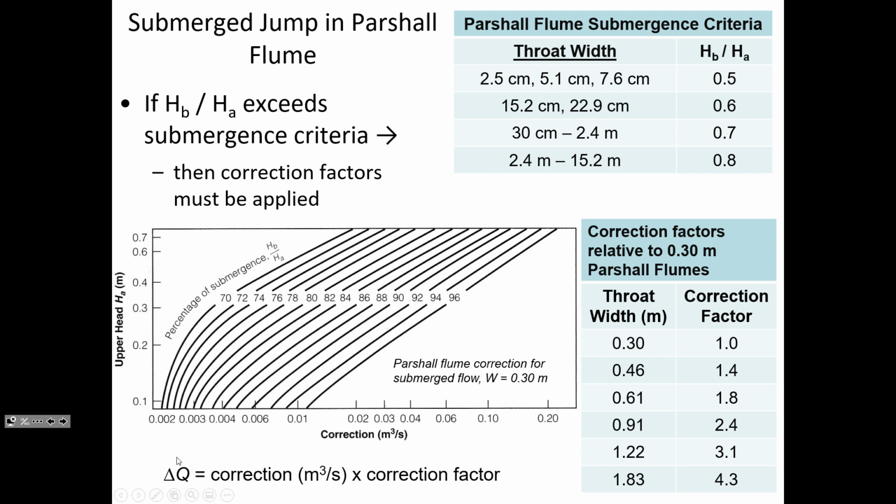So delta Q is how much below the free flow capacity the flume is. And so it's going to be the free flow capacity minus delta Q. And you find out delta Q from the horizontal axis of this figure multiplied by the applicable correction factor.